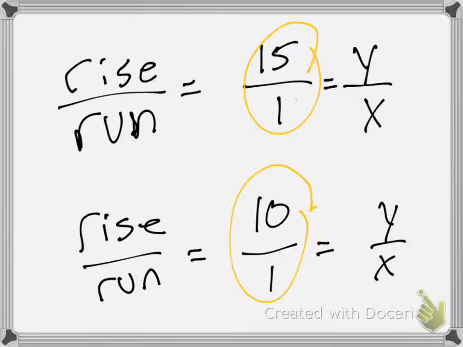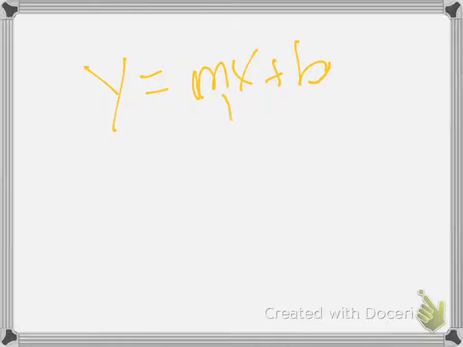So when we do this, y equals mx plus b, with our 60, the slope is going to be 15 over 1, right? Because that's how much it goes up each week. So we plug that in for m. It now becomes y equals 15x plus b.